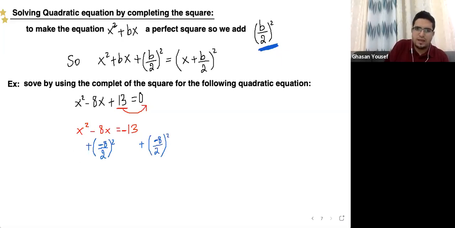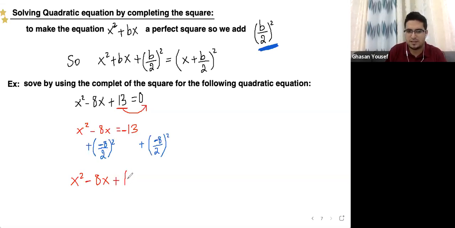So now, after adding this value to both sides, I get x squared minus 8x. This value is minus 8 over 2, again minus 4 squared, which is 16.